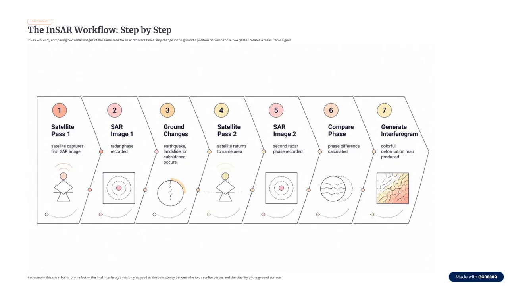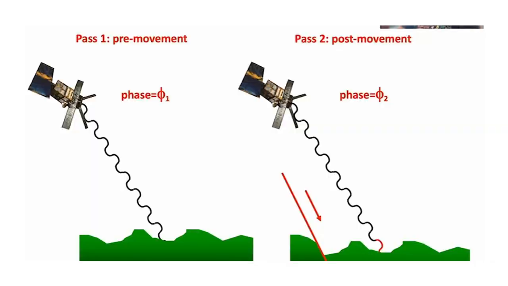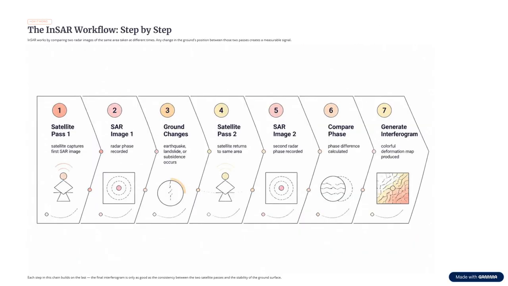Now, let's look at the InSAR workflow step by step. First, a satellite flies over an area and captures a radar image. This is our first image. Then, after a few days or even weeks, the satellite flies over the same area again and captures a second image.